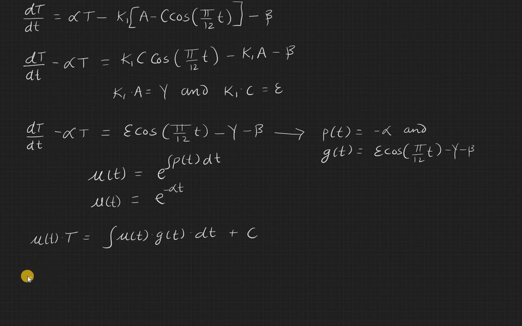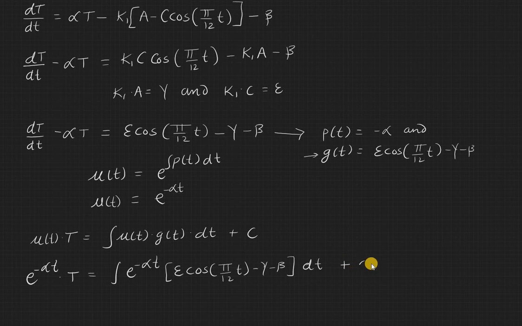So we can put e to the power minus alpha t into T is equal to the integral of e to the power minus alpha t, and into the bracket this whole term, this g of t, so it will be epsilon cos pi by 12 into t minus gamma minus beta, dt plus C.